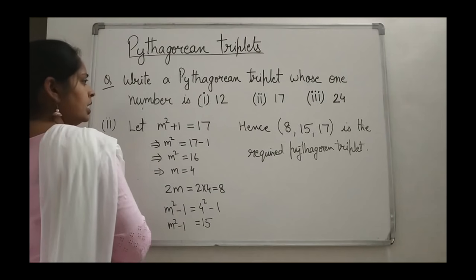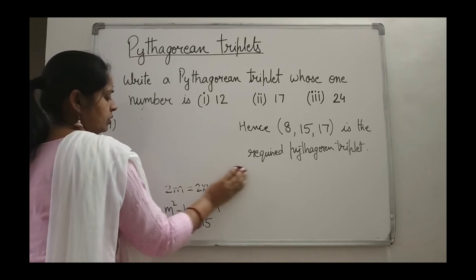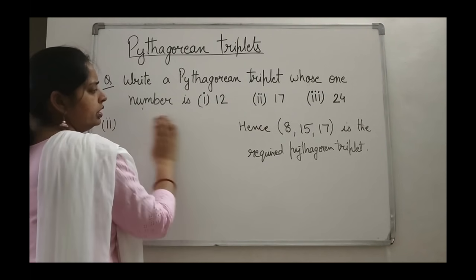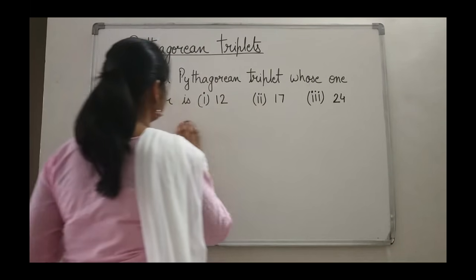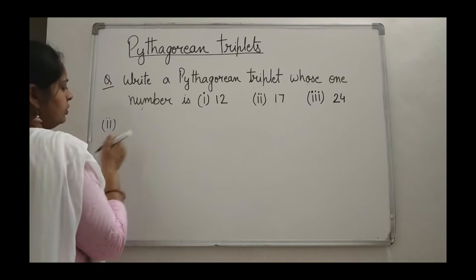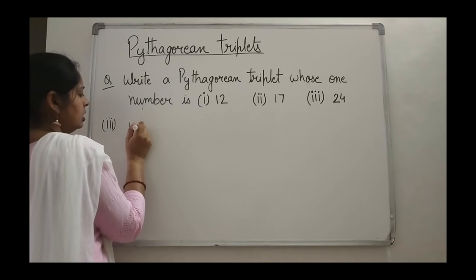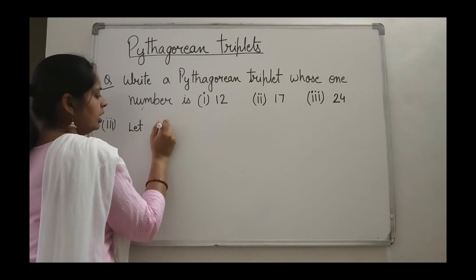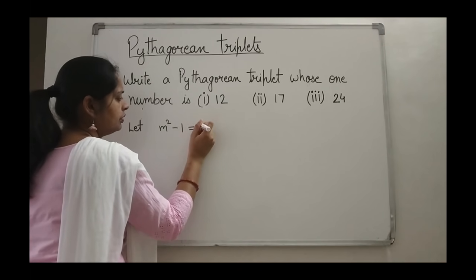Okay. Then see the third part also. If you get the number as 24, what is 24? 24 is a predecessor of a square number, because 25 is a square number and just before 25, 24 is coming. So for the third part, I'll suppose 24 as m square minus 1, because this is the predecessor of a square number.